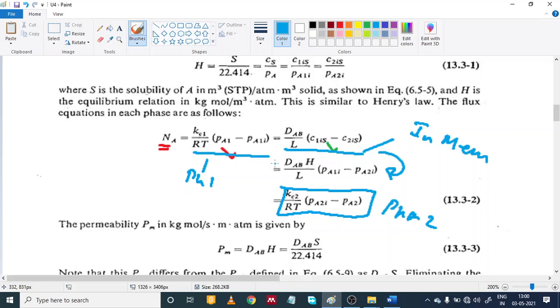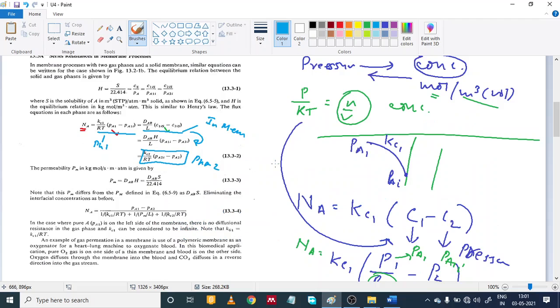How? There is one relationship. Let us look at the relationship. That is the one thing that you should know, and the relationship is given here. The equilibrium relationship between the solid and gas phases is denoted by H. H is S upon 22.414.